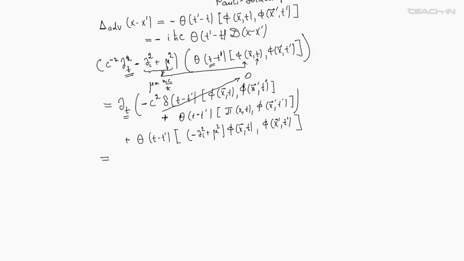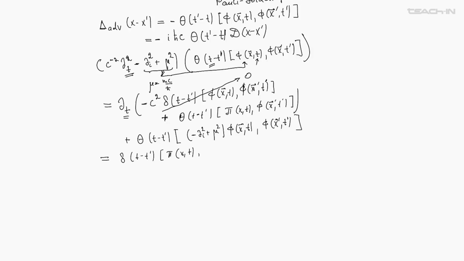Then we have the time derivative, and first it acts on the theta function, so it gives us delta of t minus t prime multiplied with the commutator of pi at x, t with phi at x prime, t prime, like this.